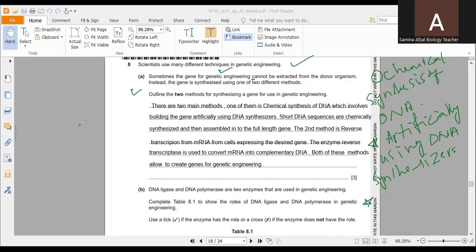In this method, short DNA sequences are made. So, the first method is chemical synthesis of DNA.